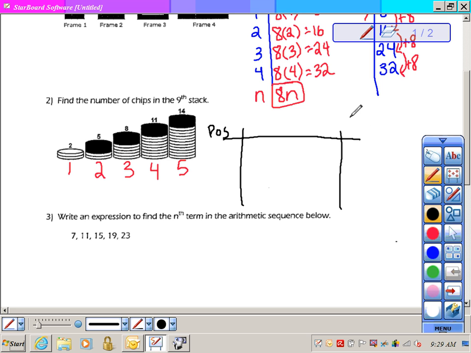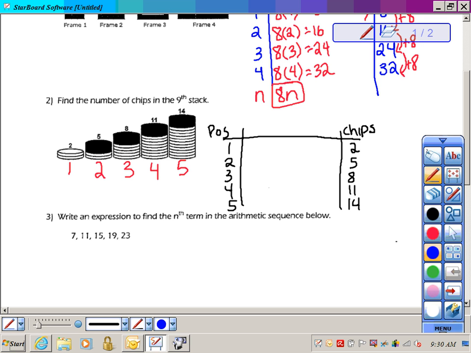Here's my position. Here's my chips. Position 1, I had how many chips? 2. Position 2, 5. Position 3, 8. Position 4, 11. And position 5, 14. Good.